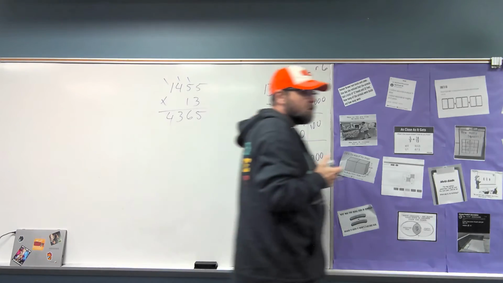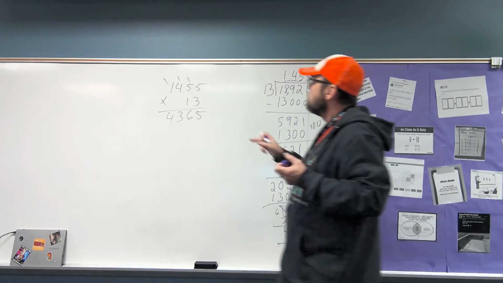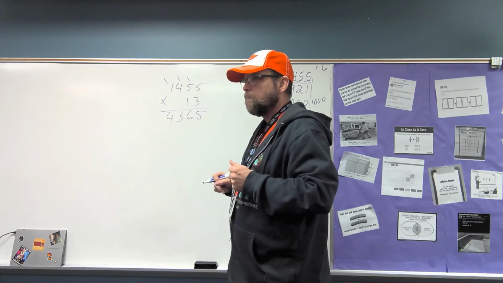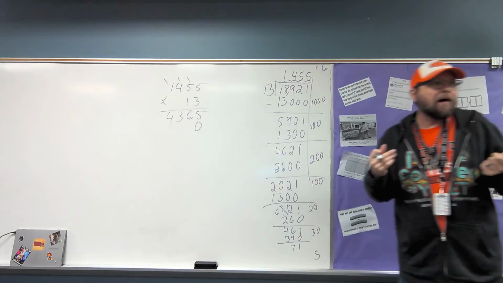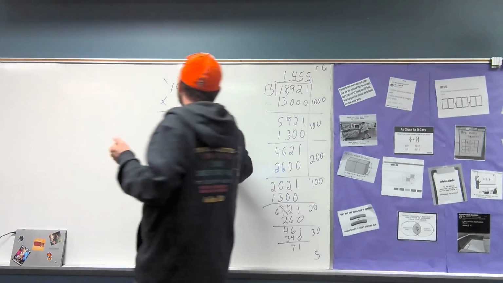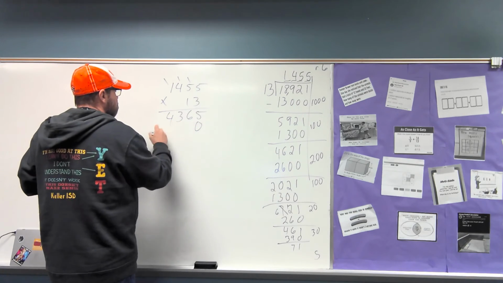Did I get that part right? 3 times 4? Yeah, but I had to carry. You still have to do the bottom number. Once I put my 0 there, I'm going to have 1, 4, 5, 5.